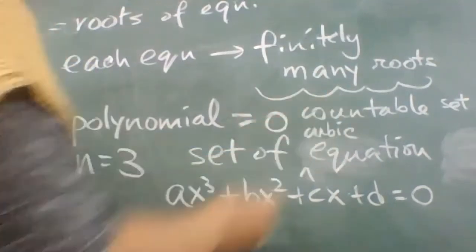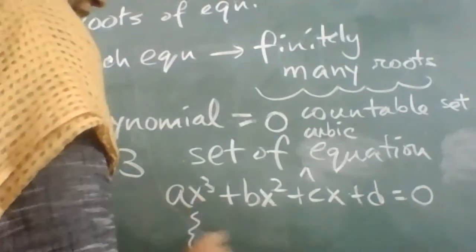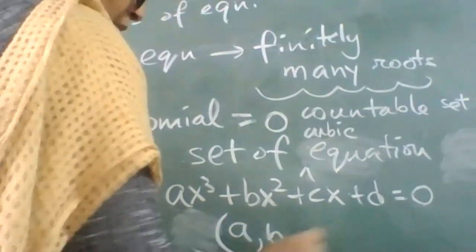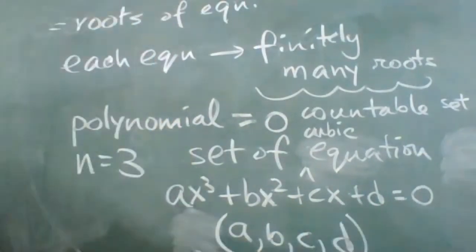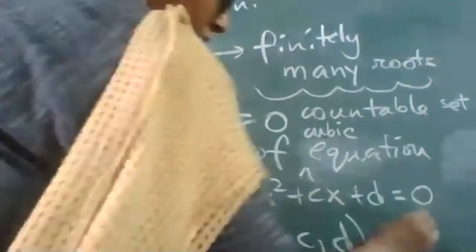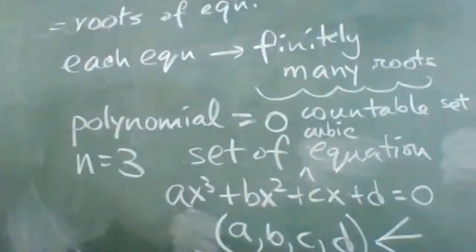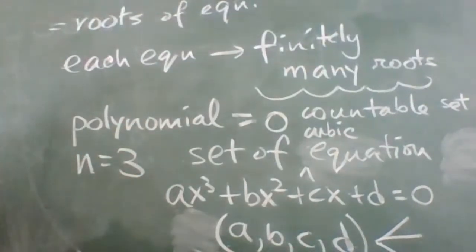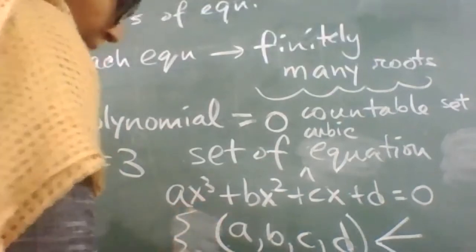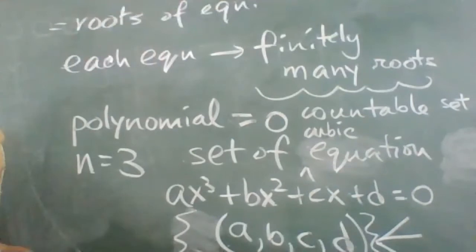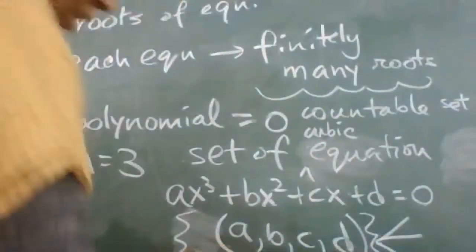To describe this equation, you need this ordered set of numbers a, b, c, d. For each a, b, c, d, you will have three possible roots, not more than three. So if you look at all possible a, b, c, d and all the roots, this is a countable collection.